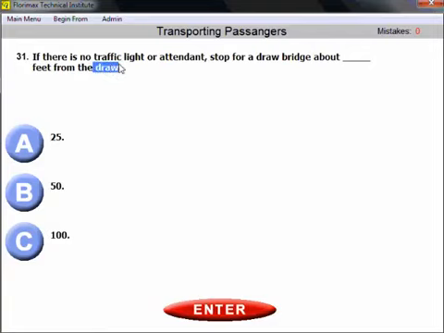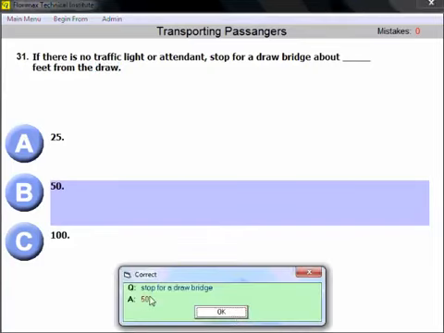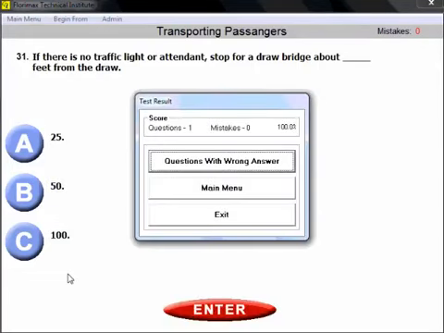Well, the rule about the drawbridge is absolutely the same as the rule about the railroad crossing tracks. 50. That's where you have to stop your bus. 50, not 25, not 100. Okay, 50 feet approximately. Okay, and now we answer it correctly.